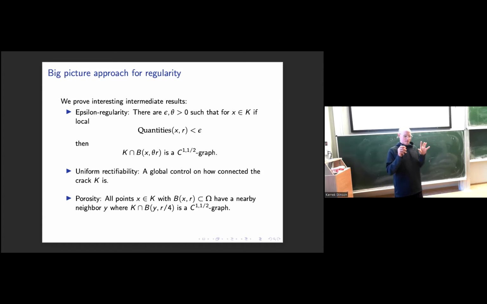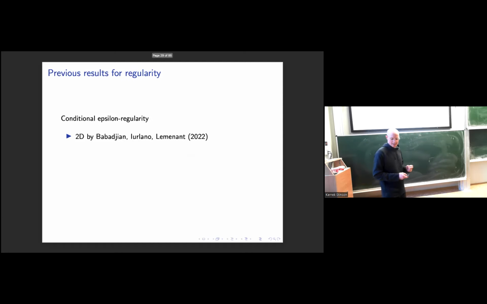So if you take any point in the singular set, you have a point that's close by that's a regular point. If you had to flow through the domain and the singular points were obstacles, you would always have a neighbor that you could pass by. And it turns out once you have this porosity, you basically for free get an estimate on the dimension of the singular set.